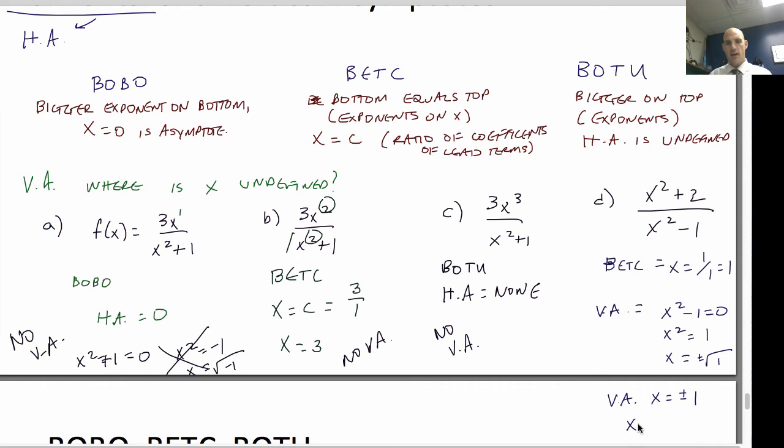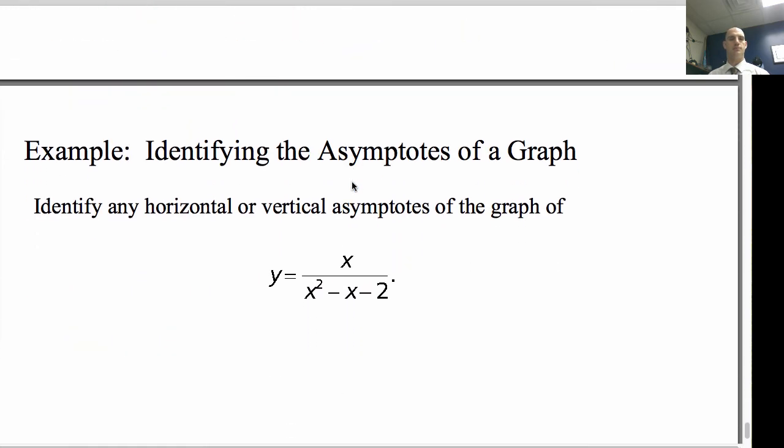Okay, so x can't be equal to -1 or 1. I have two vertical asymptotes in this case. I've got two vertical asymptotes and one horizontal asymptote. That's Bobo, Betsy, and BO2.